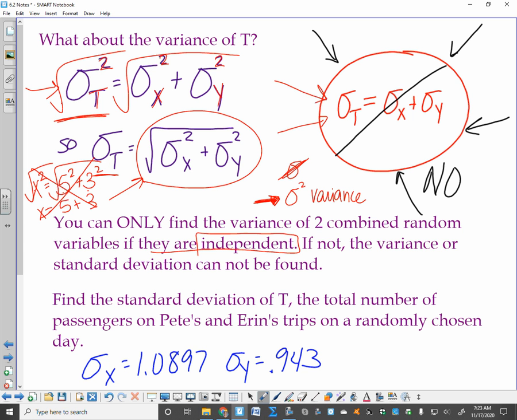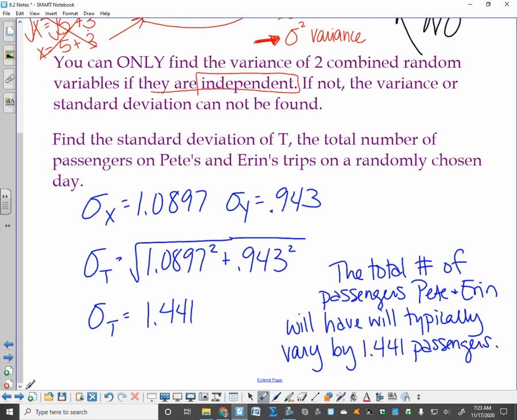Find the standard deviation of T, the total number of passengers on Pete and Aaron's trip. Well, I have the standard deviation of Pete for the passengers and the standard deviation of Aaron for the passengers.